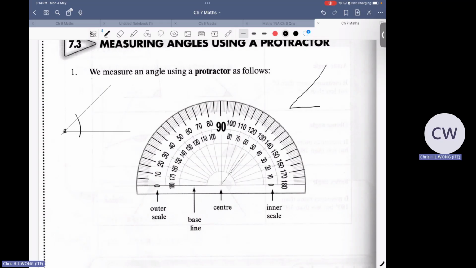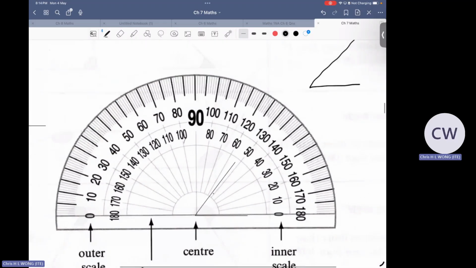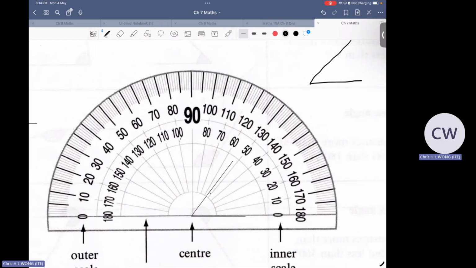You put the protractor there. Can you see there's a center, right? But your protractor is so big and the line is so small. You put it there, you also cannot measure. So you cannot estimate. What do you do?